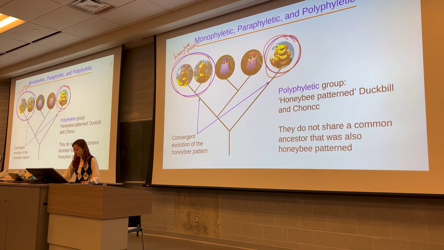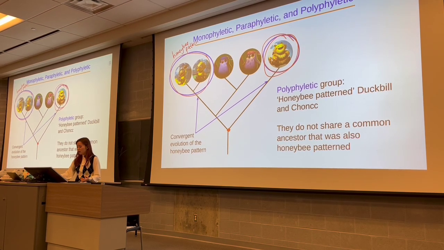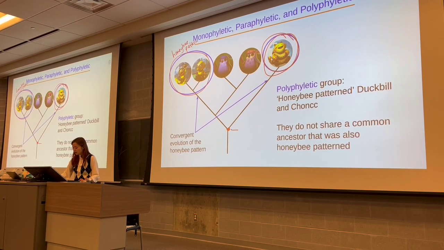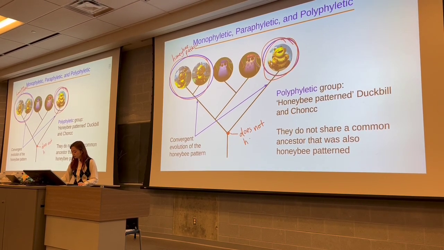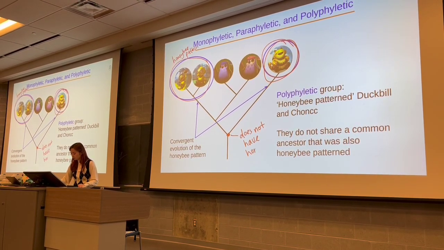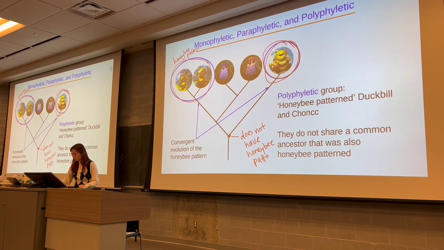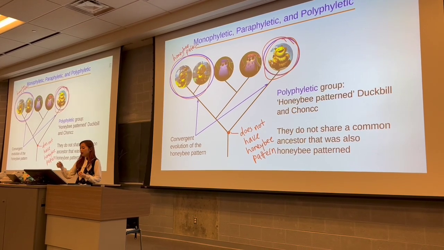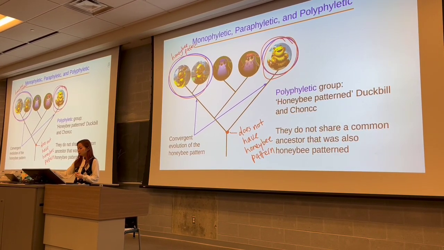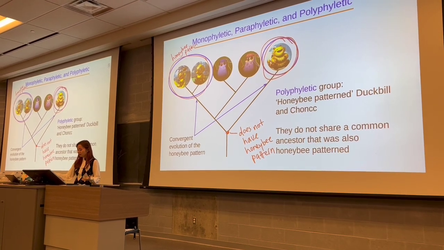But even though they do share this common ancestor, we're going to hypothesize that this common ancestor does not have the honeybee pattern. Right? And because of that, we're not going to include that common ancestor into the grouping. And because of that, this group is polyphyletic, right?